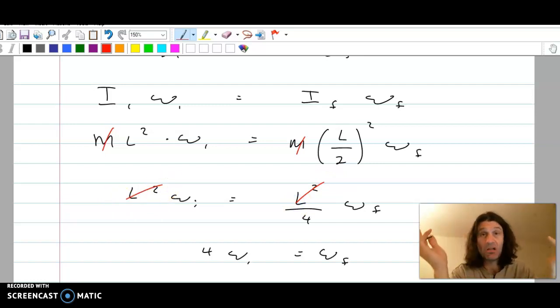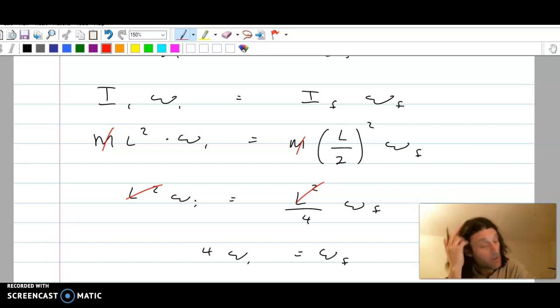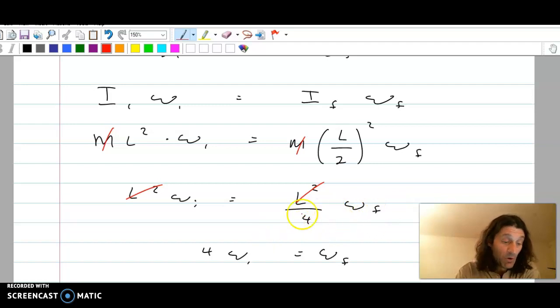If I just cut it in half, whatever that L initial was, you end up with that on this side, so multiply the 4 over. So the final speed at which that goes back and forth is 4 times the initial speed, and hopefully you can tell, well, gosh, that's pretty similar to the square of that change in length, isn't it?